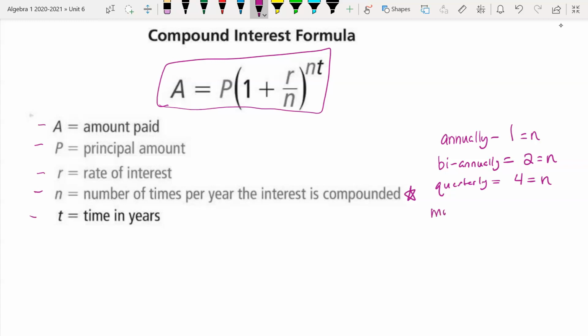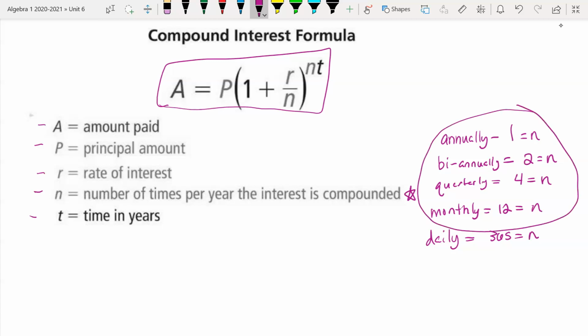If I say monthly, my N is 12. And if I say daily, my N is 365. Okay, but most of the time it's going to be these top 4. So you need to know what those key terms mean. So annually means 1, biannually means 2, quarterly means 4, monthly means 12.